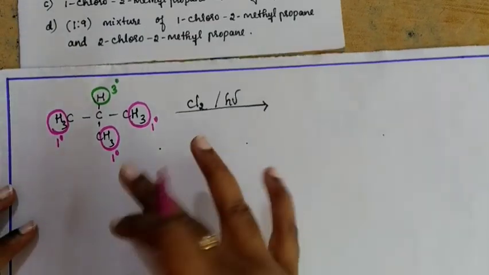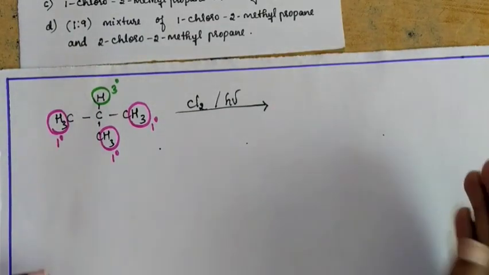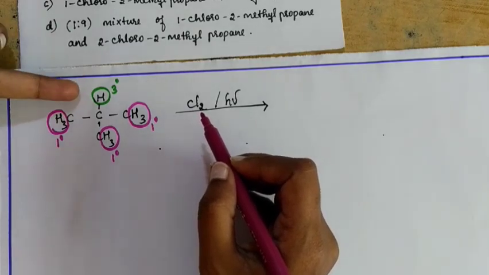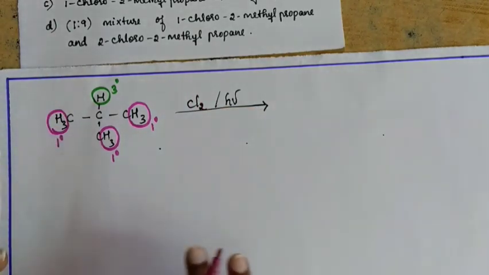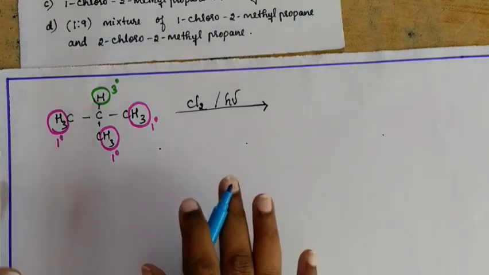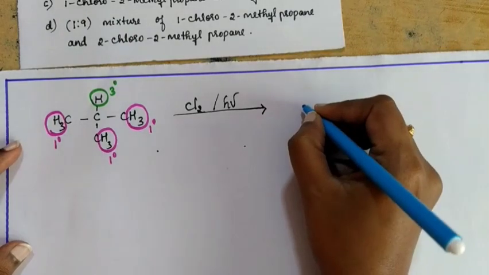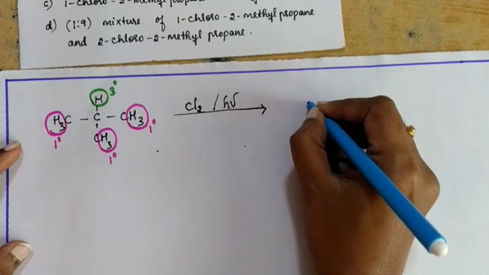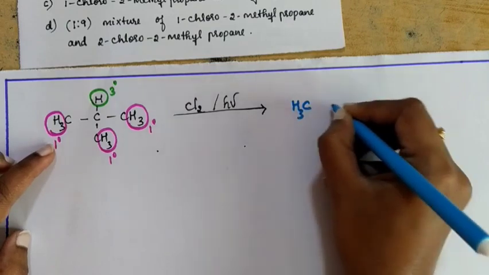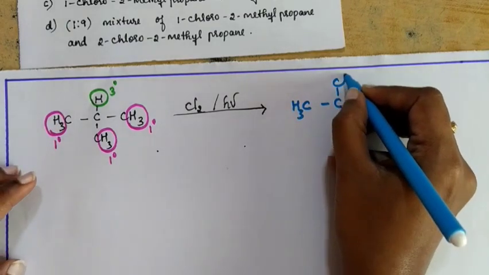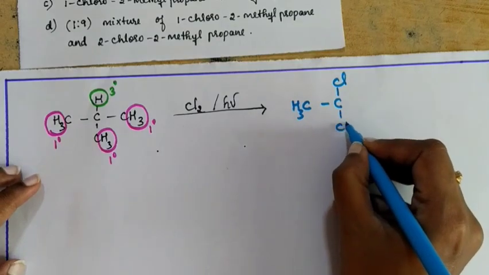Whatever the product is going to form, the halogen may replace the tertiary hydrogen or it can also replace a primary hydrogen. So let us try to write the products now. If the halogen replaces the tertiary hydrogen, what will be the product we get? It can be like CH3, C, and the hydrogen has been replaced by chlorine. Remaining are as it is.